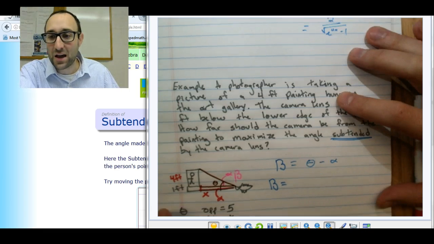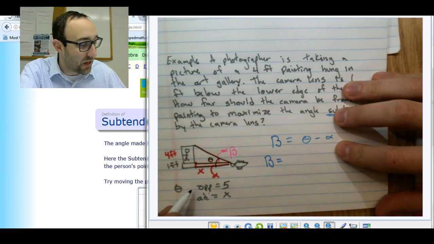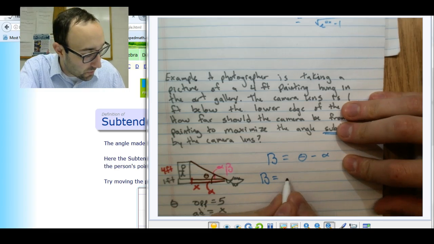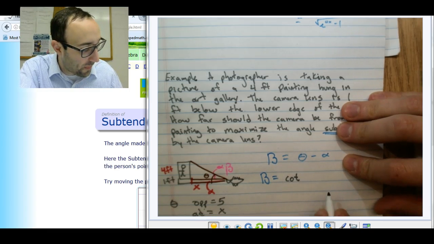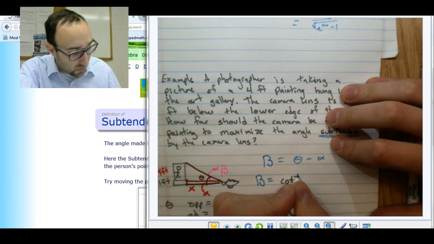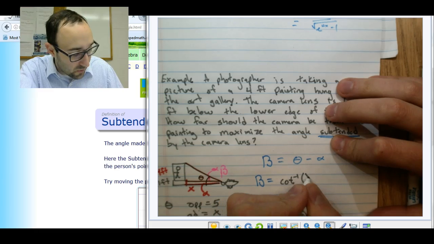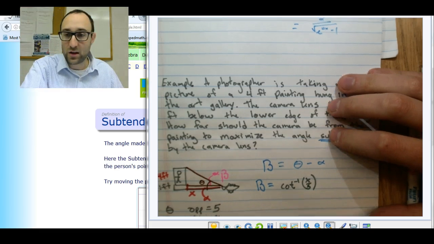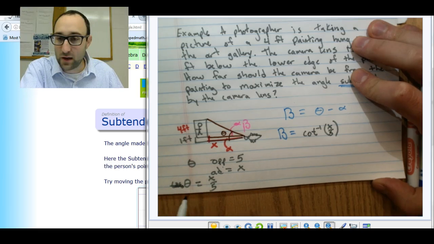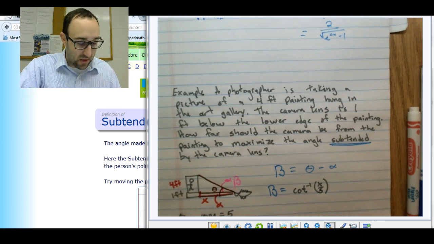I don't like having that x in the denominator, so instead of using tangent, can I just flip them around and use cotangent? Which I'm going to do. So cotangent theta equals x over 5. That means the inverse cotangent of x over 5 is going to equal my theta, because if I do the inverse cotangent, this will go away, and I'll have just theta left.